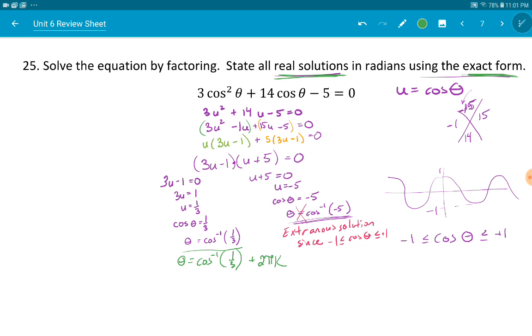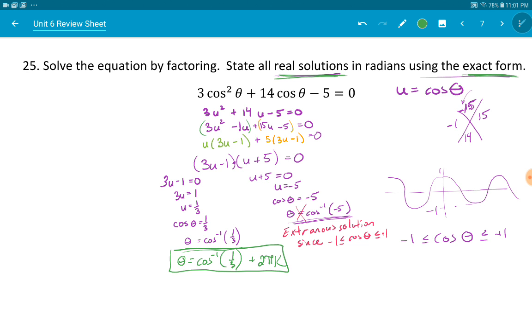So we'll call k an integer. So that's one solution. That's the exact form. But I can give an estimated value of that using a calculator.